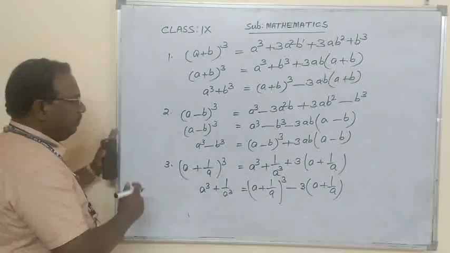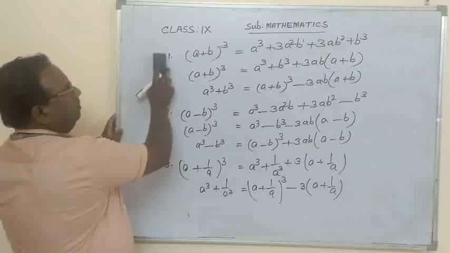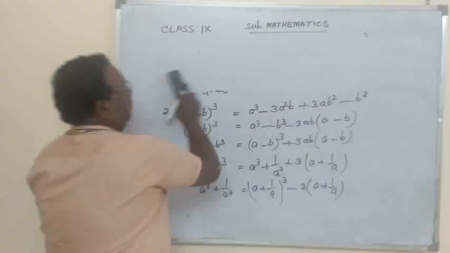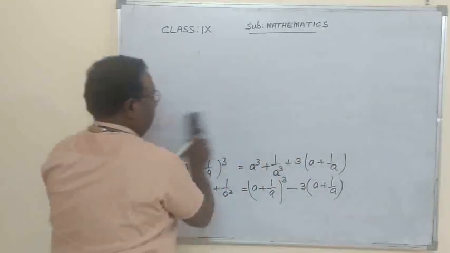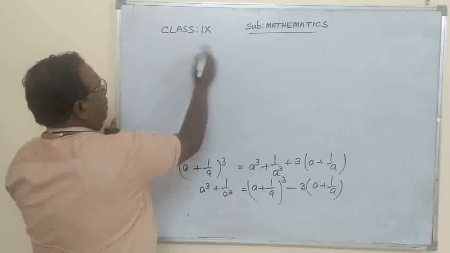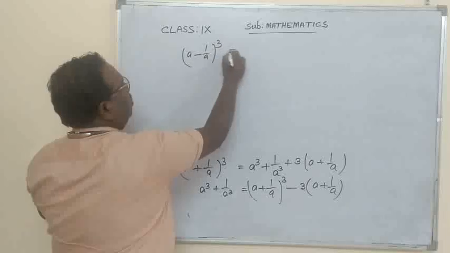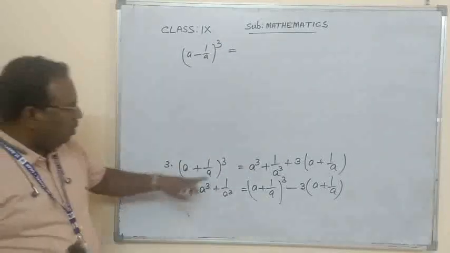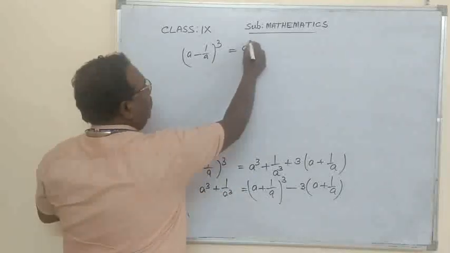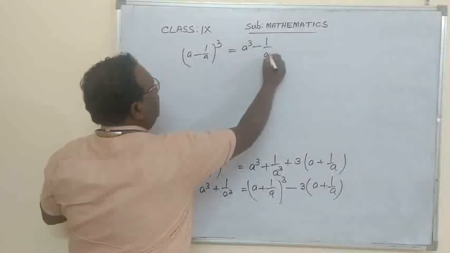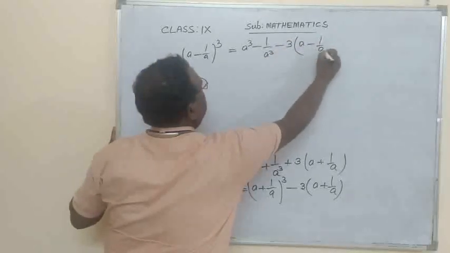The same way we can write one more form, that is, (a minus 1 by a) whole cube is equal to a cube minus 1 by a cube minus 3 into (a minus 1 by a).